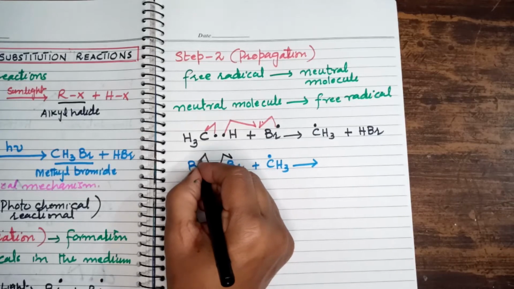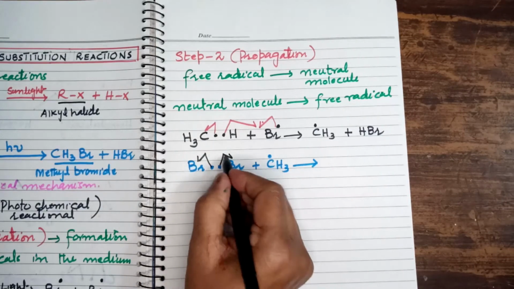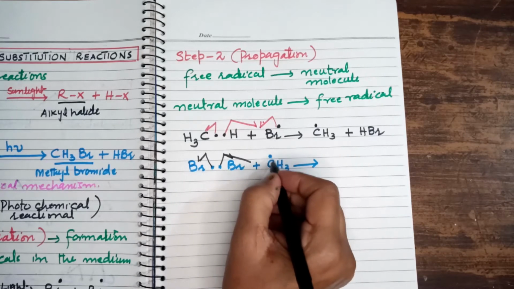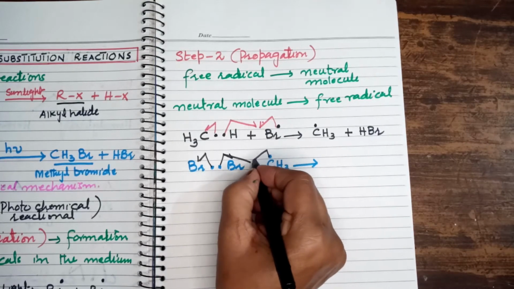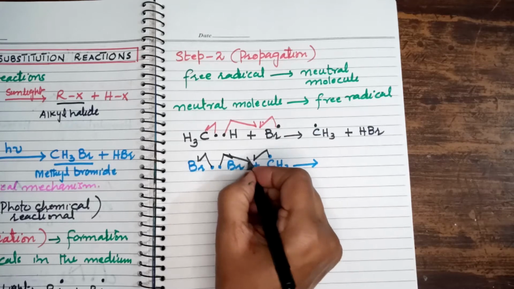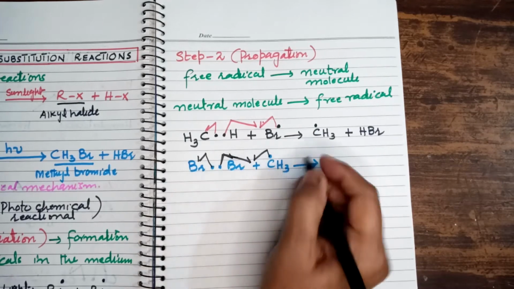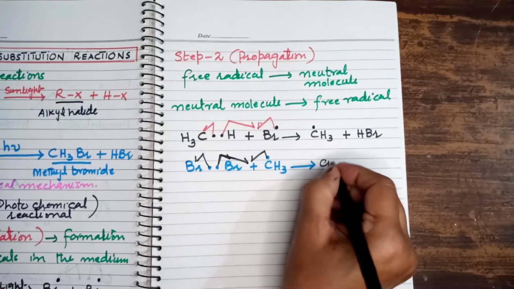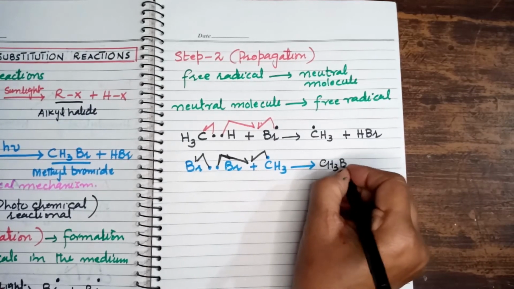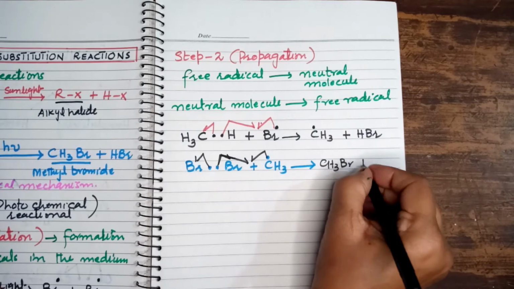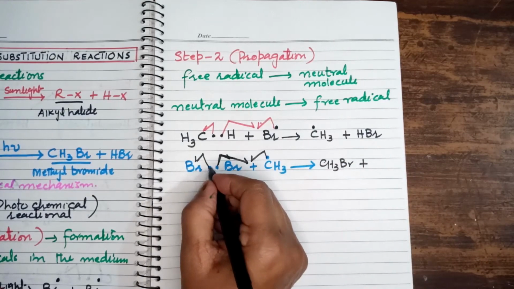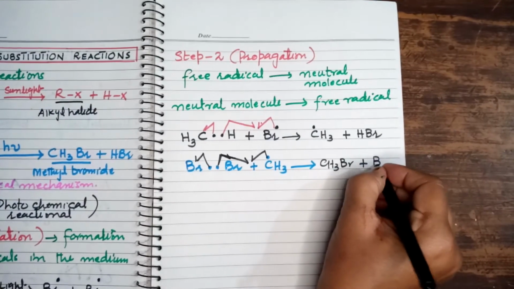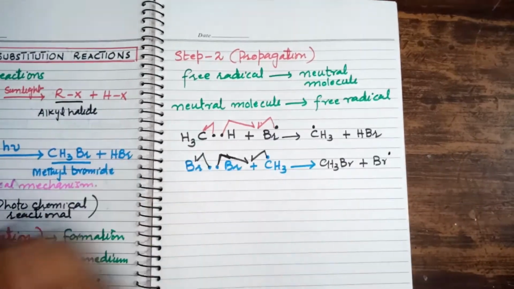Now this bromine contributes its electron over here. This methyl carbon will contribute its electron over here, right? So after this reaction, we will have CH3Br plus, since this single electron shifted onto this bromine, a bromine free radical.